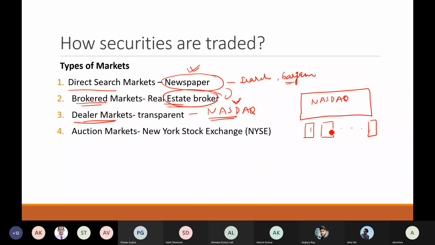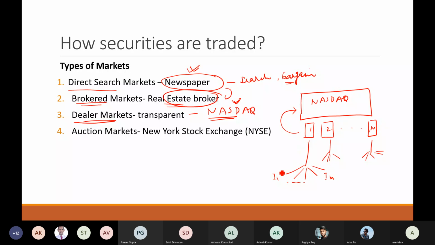So here 1, 2, up to N dealers you have, and these dealers are connected through your broker, and then each dealer is connected to M number of investors, investor 1 up to investor M, and the same way here different channels are there. So when we say dealer driven market, these dealers collectively represent some kind of market.